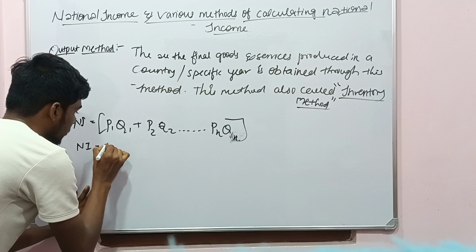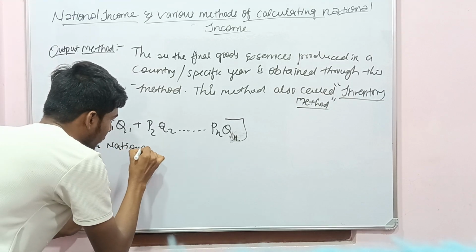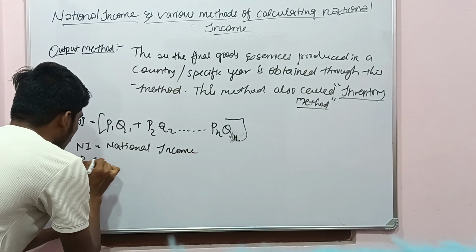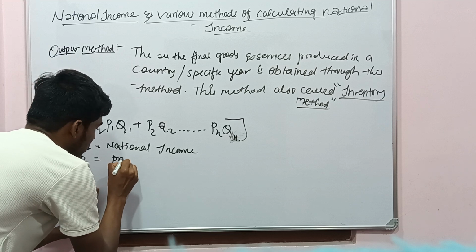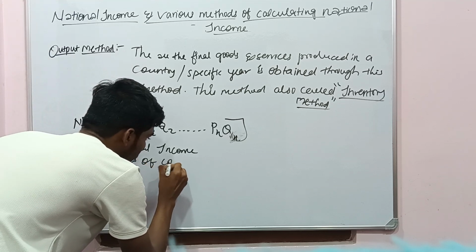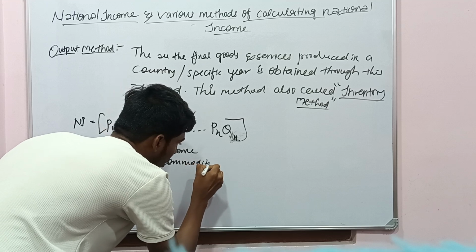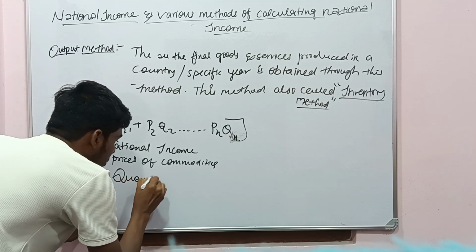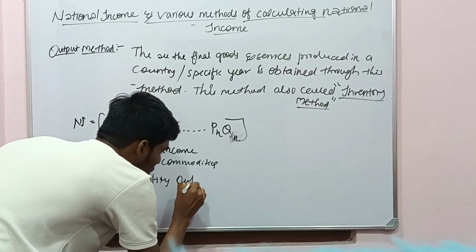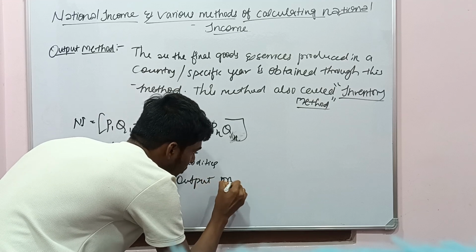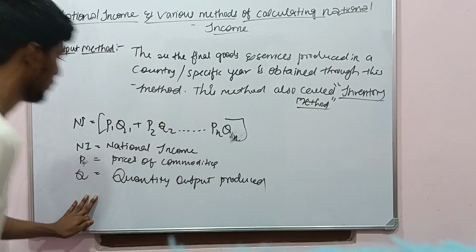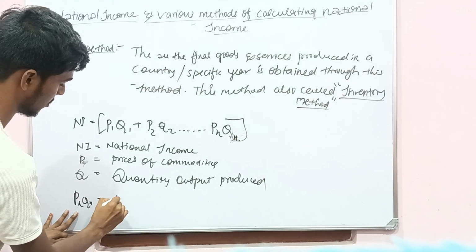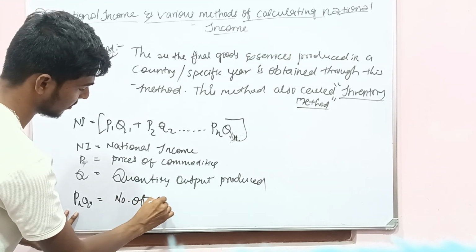Here NI equals national income, P equals prices of commodities, Q equals quantity of output produced, and n is the number of commodities.